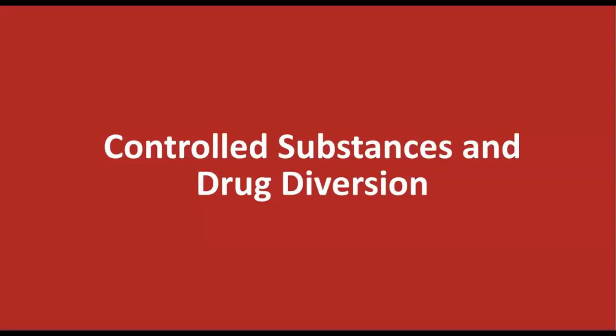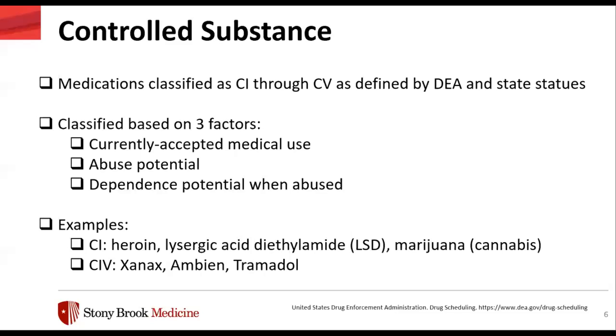So just getting into the definitions, a controlled substance is a medication classified by the DEA and state statutes as either a C1 through C5. And they're classified based on three factors: whether or not they have a current approved medical indication, abuse potential, as well as dependence potential when abused.